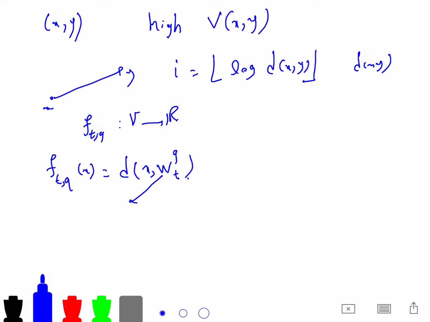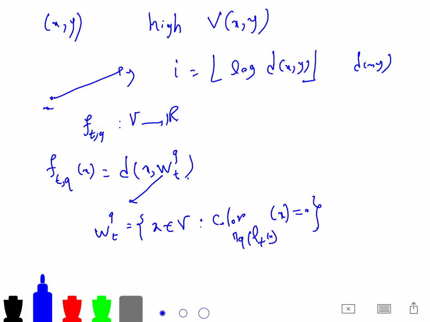And this wq of t is very interesting, because it says that all of your vertices that the color of pi of lt of x is equal to 0. So this is the color of the cluster that contains this x in pi.